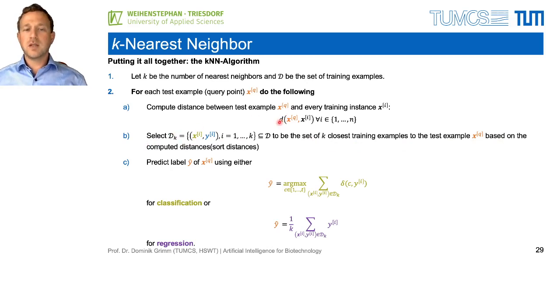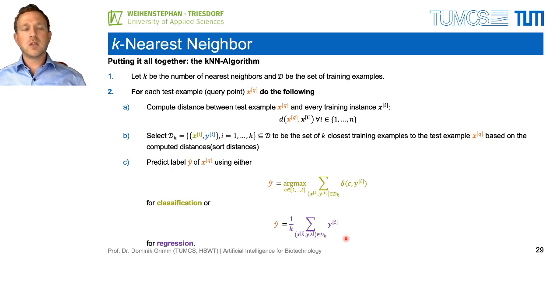We sort them and take the k closest training examples, so Dk is a subset. Then we predict the label y hat of our query point xq, either using the formula for classification if we have a classification problem, or for regression if we have a regression problem. And that's all we have to do. It's a very simple and very easy method.